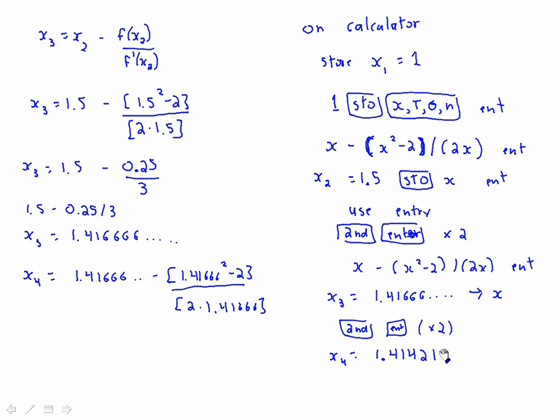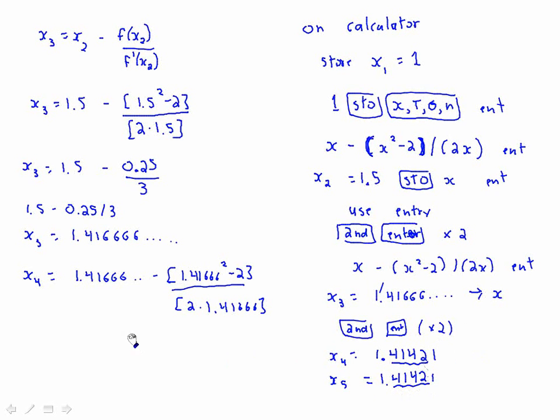Store this in your memory again, so into x, enter, second enter once, second enter again, and then the real enter, and you will get x5 is equal to 1.4142. And then there's a 1 at the end of it. And you'll see that we actually have this correct to 4 decimal places.